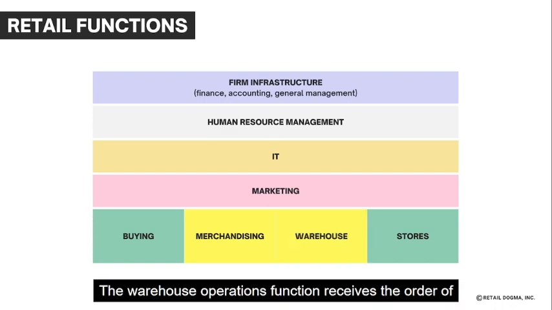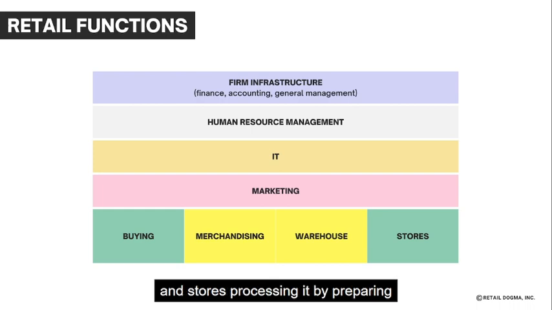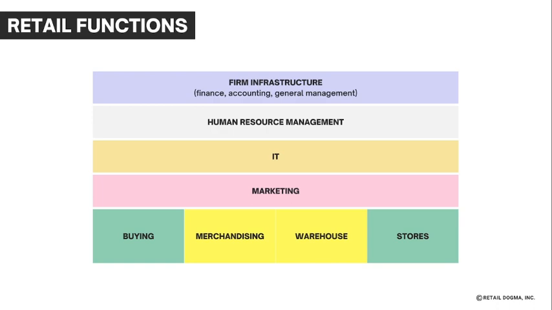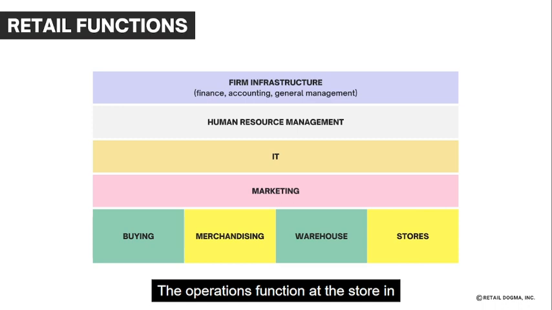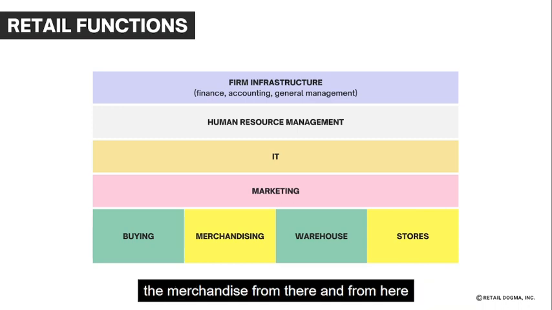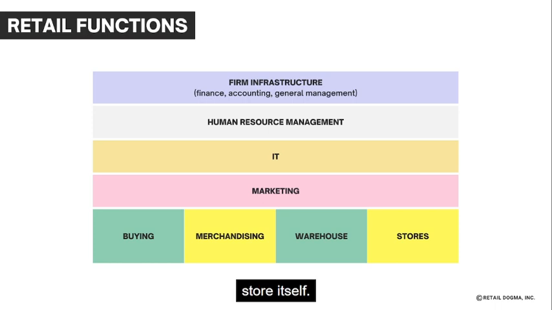The warehouse operations function receives the order of allocation or replenishment from the merchandising function and starts processing it by preparing the merchandise and then delivering it to the stores. The operations function at the store, in coordination with the visual merchandising function, then takes the merchandise from there, and from here another merchandise flow cycle starts inside the store itself.